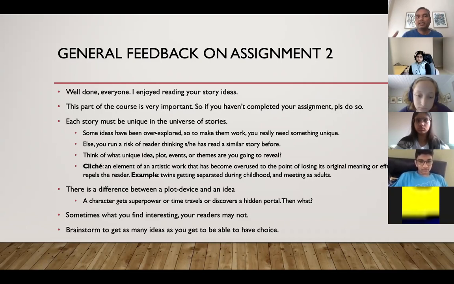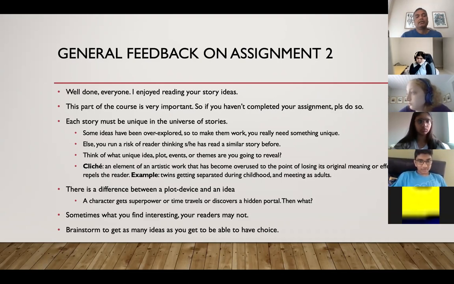But that was not the main idea of the movie. The movie had a great plot, right? So just remember that. Now, there is a difference between a plot device and an idea, and we're going to talk about plot device a little bit later on.